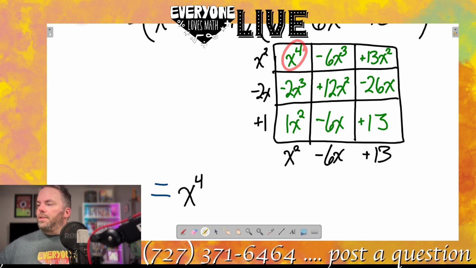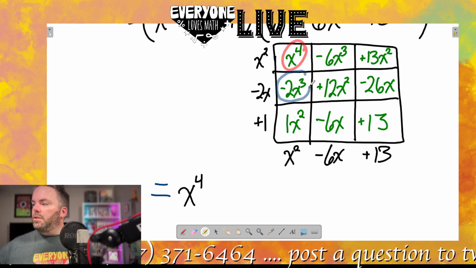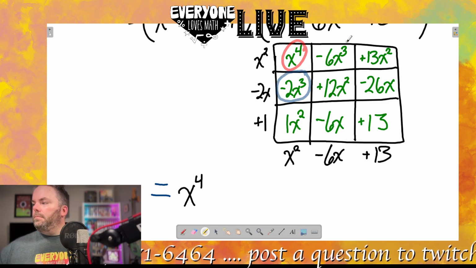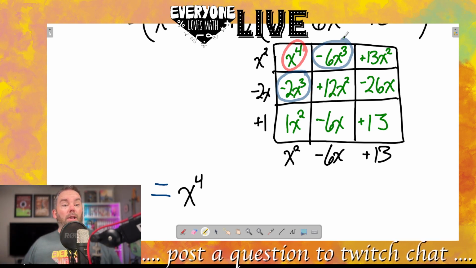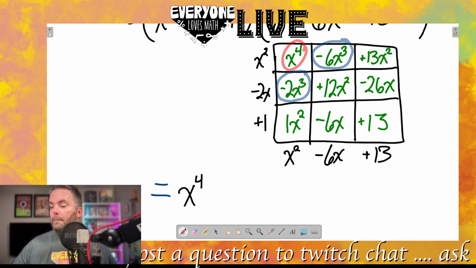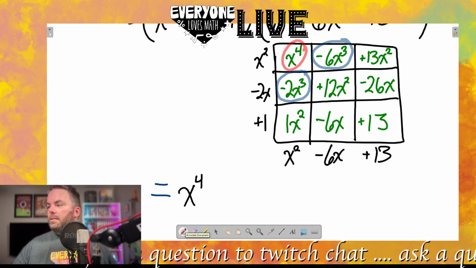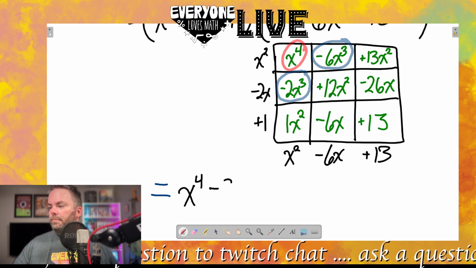Now it's time for x to the 3rd. So there's negative 2x to the 3rd and a negative 6x to the 3rd. Those are like terms, so we can combine like terms. That gives us minus 8x to the 3rd.